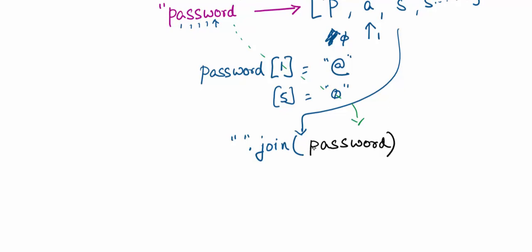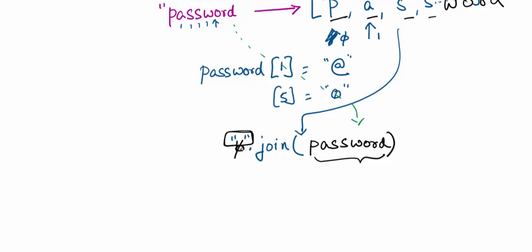It creates a concatenation of all the elements in this list separated by this string. All the elements in this list are these characters P @ S S W 0 R D, right? It concatenates all the elements of this list by separating them with a blank. So this is going to be a blank character. It's not a space, it's blank, just two quotations with no space in between.